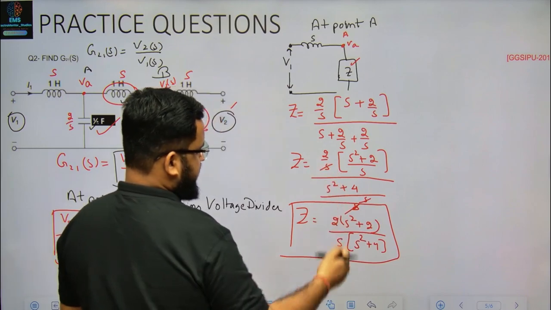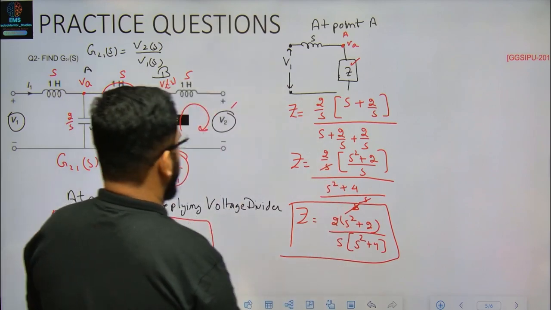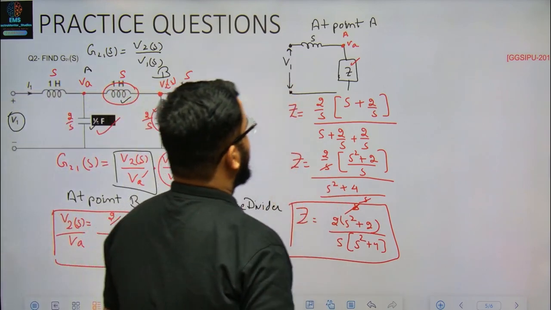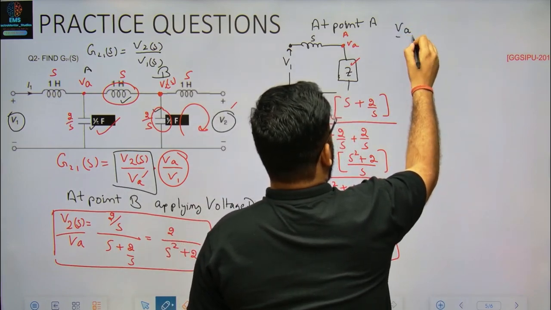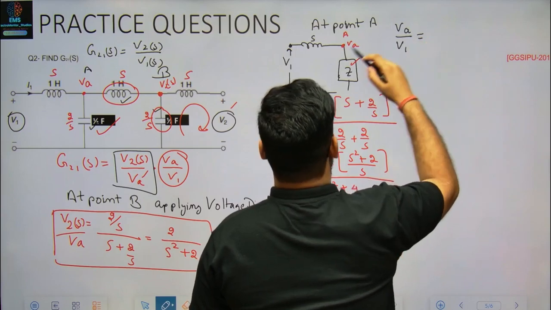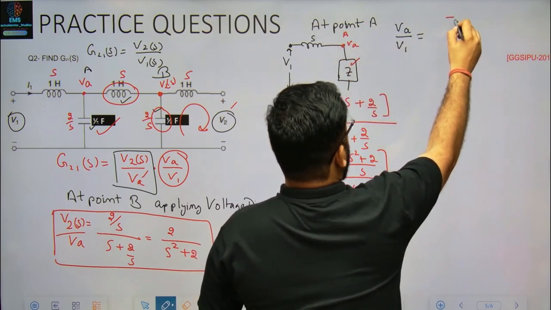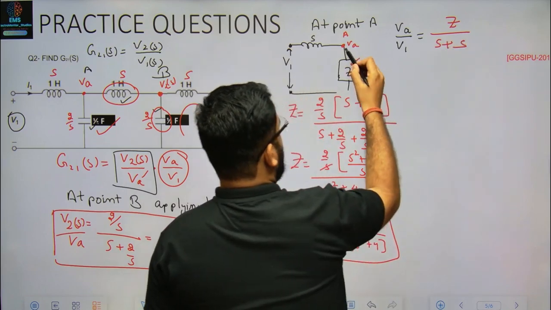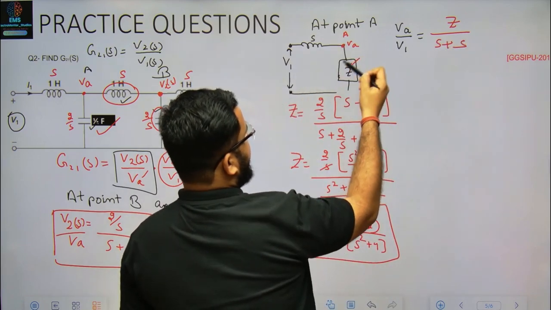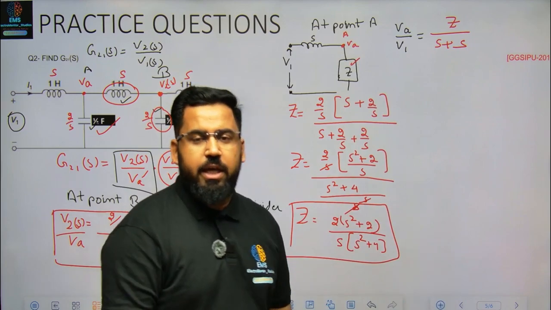This S is over here. It's cancelled from there. Now calculating the value of VA by V1. So my VA by V1 would be given by Z over S plus Z. If you see it carefully, I've just applied a voltage divider rule over here.